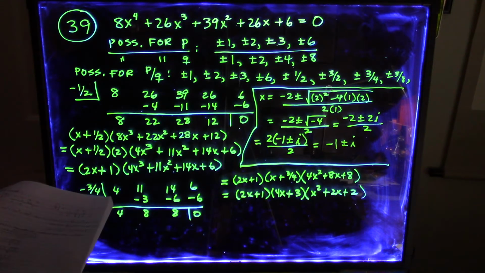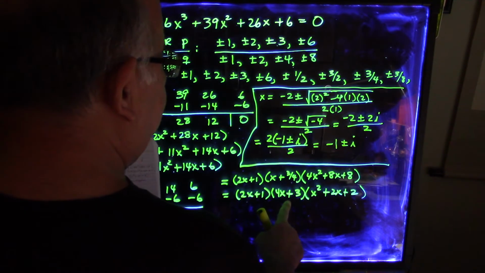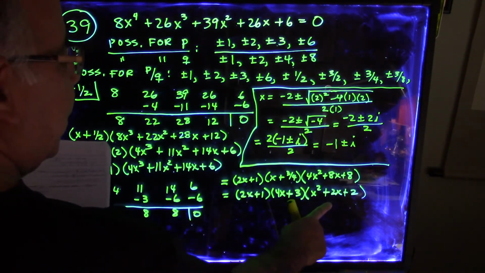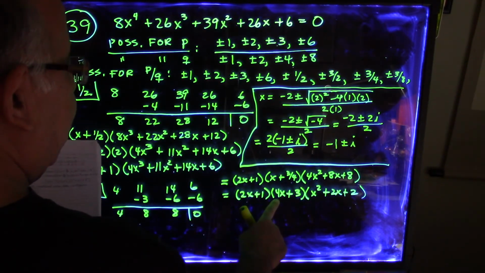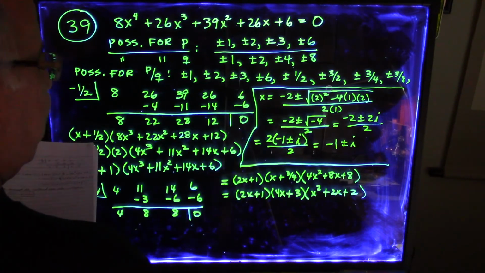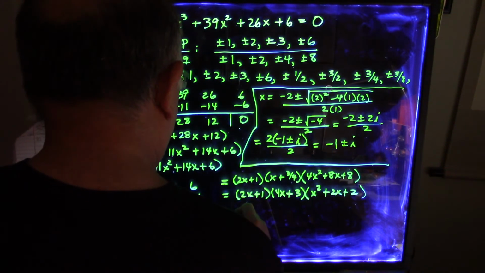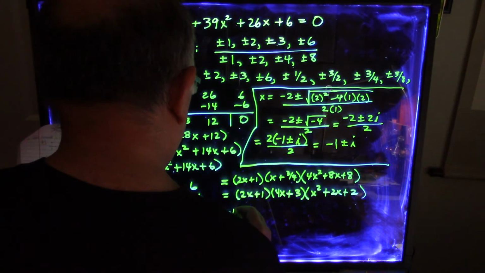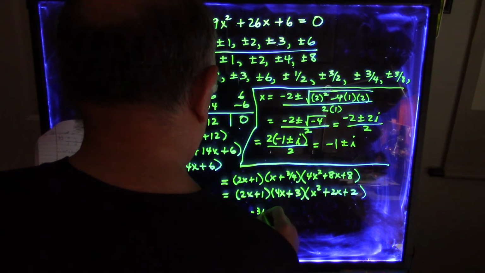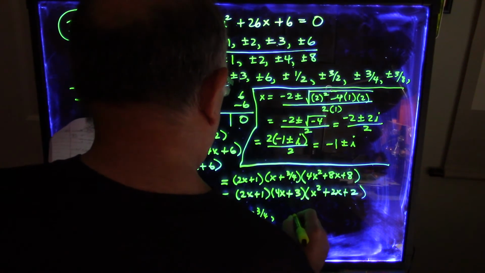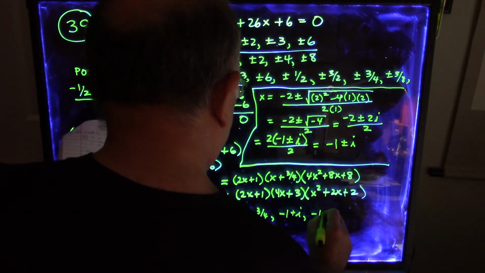Alright, so to get the zeros, you set each of these factors equal to 0. We already know what that answer is going to be, or those answers for this factor. Set this equal to 0, set that equal to 0, solve separately, and the zeros are going to be negative a half, negative 3/4, negative 1 plus i, and negative 1 minus i.